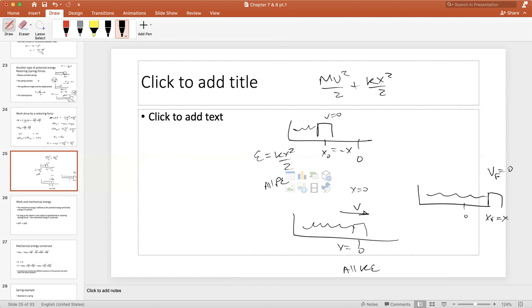So it stops moving because all of the kinetic energy is now stored in the spring as potential energy kx squared over 2. This is exactly what the ball bouncing with gravity is doing, except it's doing it with a spring. It's converting potential energy to kinetic, to potential, back to kinetic, back to potential, and it's just going back and forth on this spring.